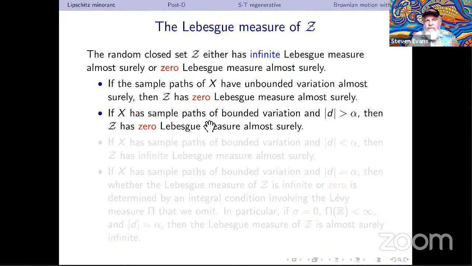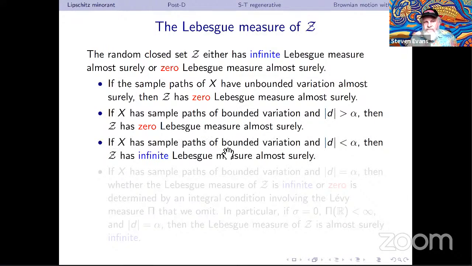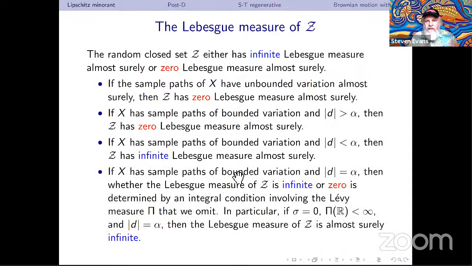If X has sample paths of bounded variation and drift of magnitude bigger than alpha, then Z has 0 Lebesgue measure, almost surely. If X has sample paths of bounded variation and drift of magnitude less than alpha, then Z has infinite Lebesgue measure almost surely.